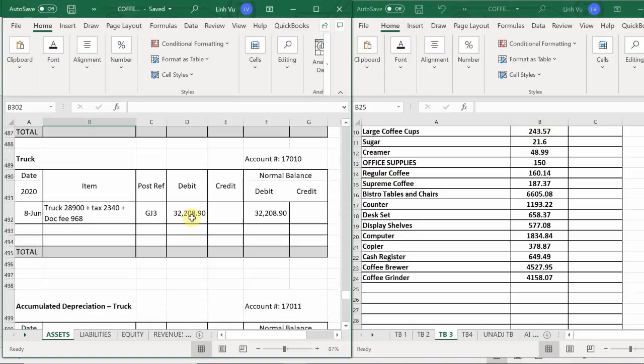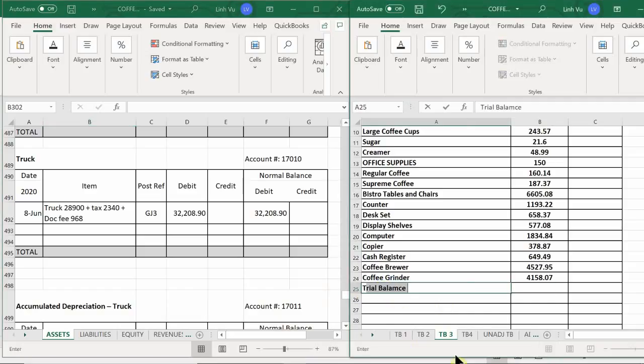Do we have any vehicles? Yes, we do. We bought a truck for $32,208.90. Right, that was our truck.